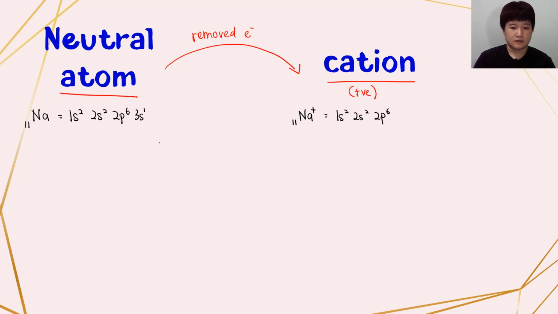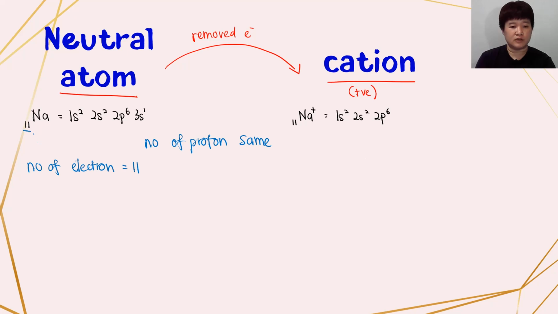And like I said just now, the number of protons for both the neutral atom and the cation will remain unchanged. The number of protons will be the same. But what happens to the number of electrons? The number of electrons in the neutral atom is 11 because it's neutral.